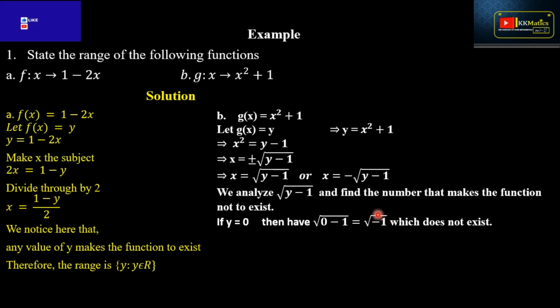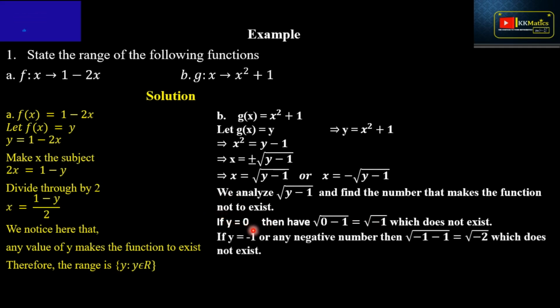So that tells us that y equal to 0 is also one of the points where the function will not exist. If we try y equal to minus 1 or any negative number, then we are certain to get the square root of a negative number, which indicates that the function does not exist there.